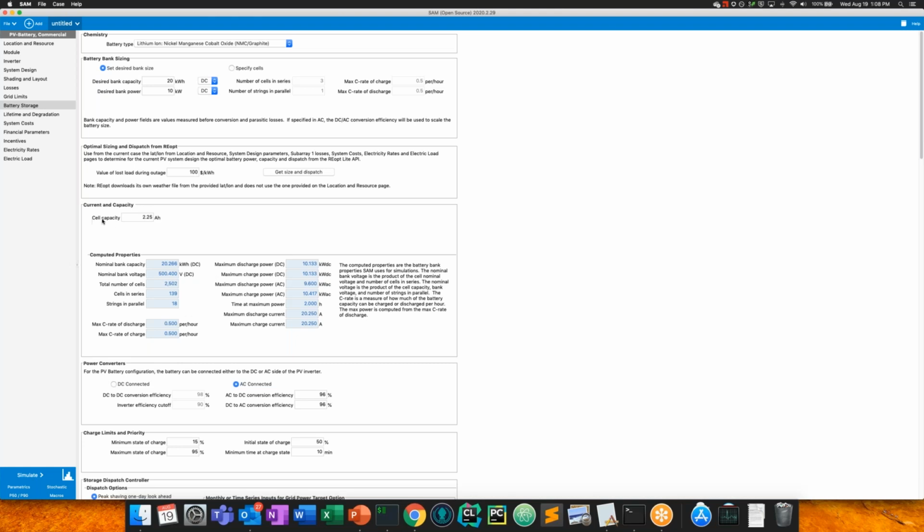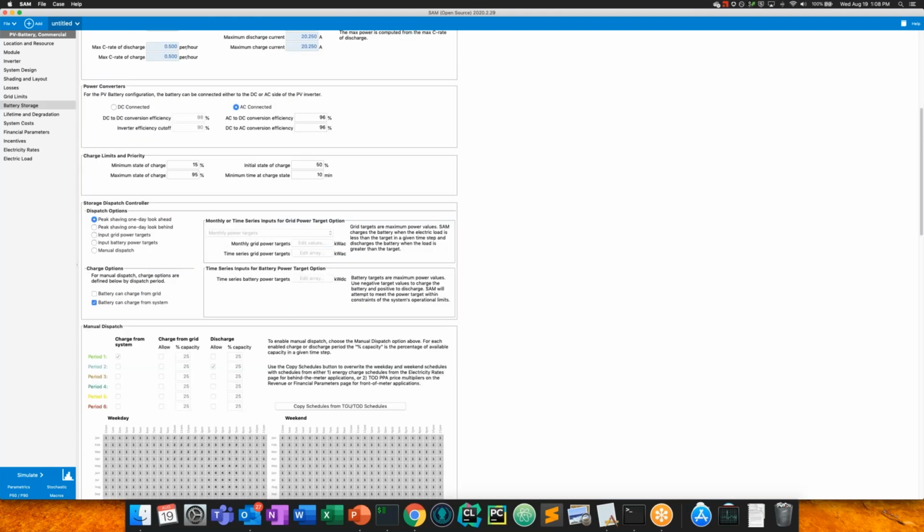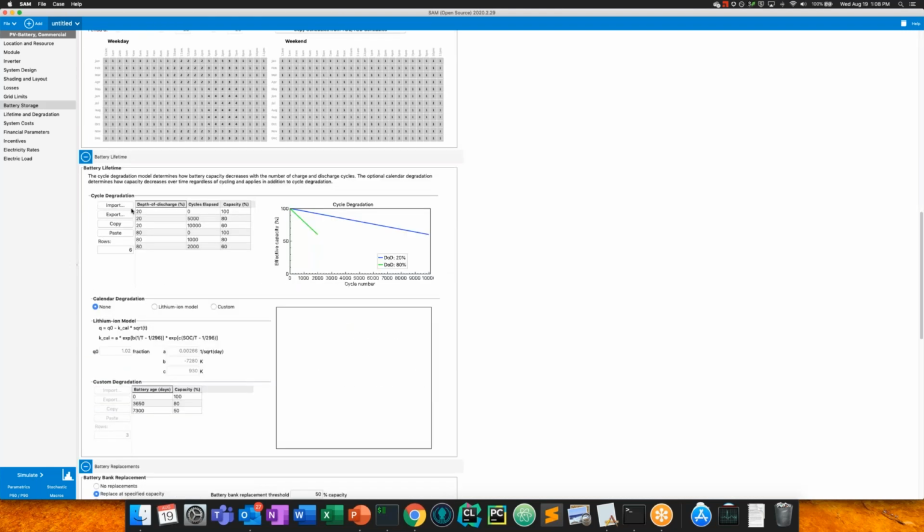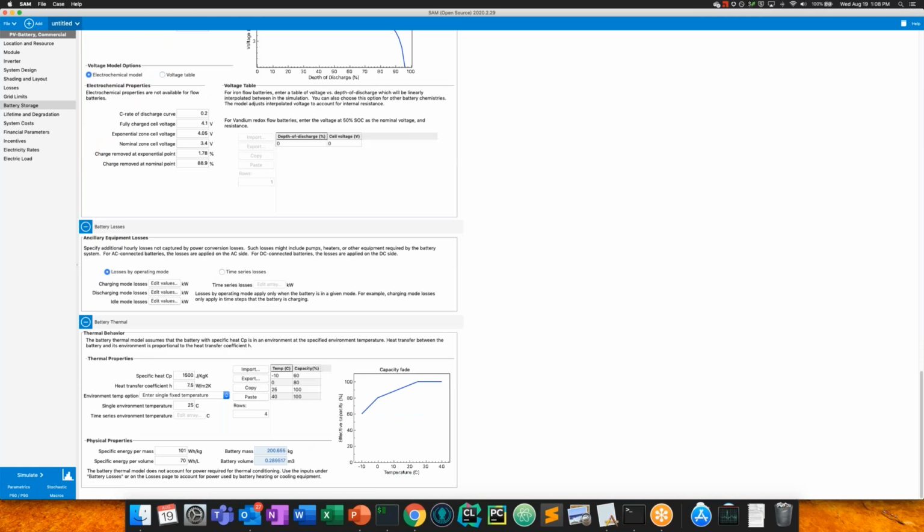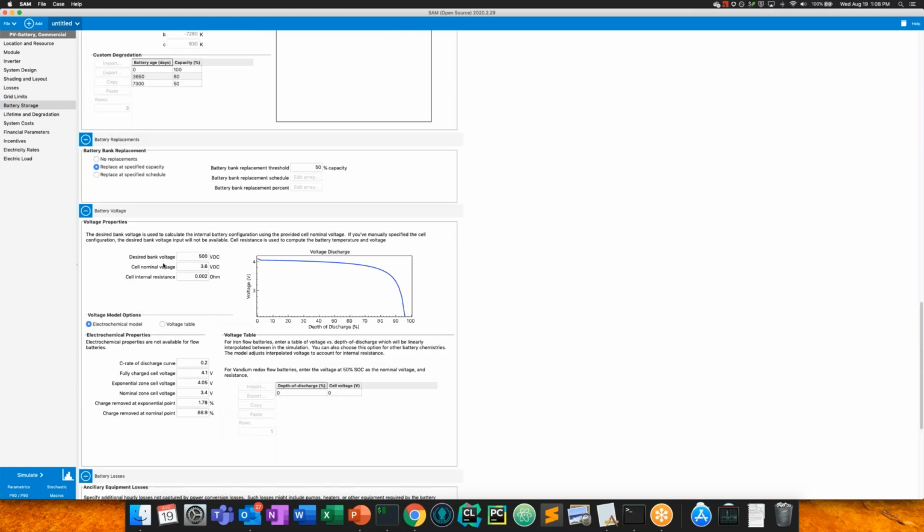So here the cell capacity is shown in the current and capacity box, and the nominal voltage of the cell is shown here in the cell nominal voltage. And we have a desired bank voltage. So we want the battery system to have a voltage of 500 volts.